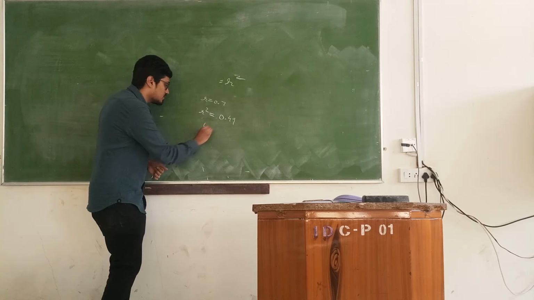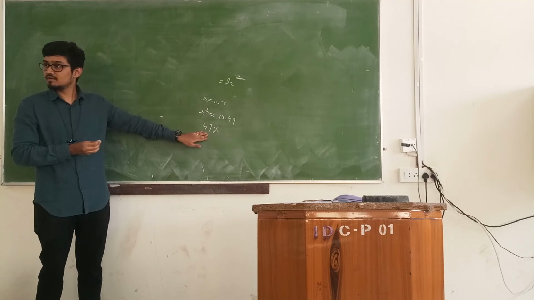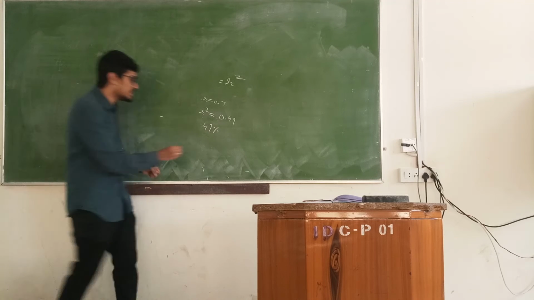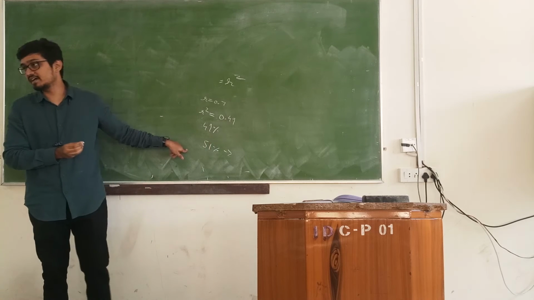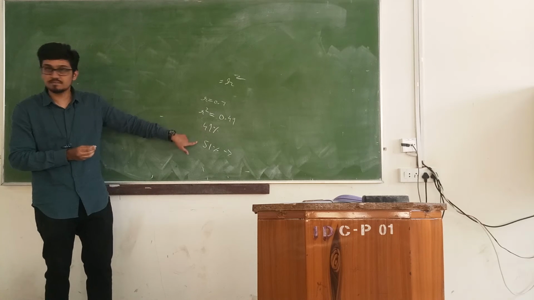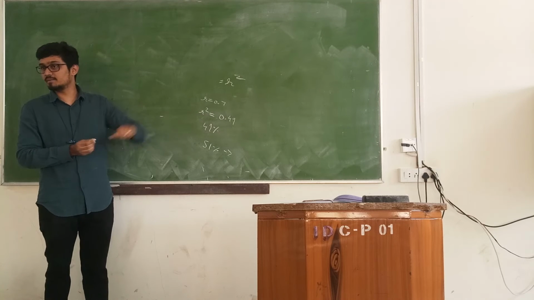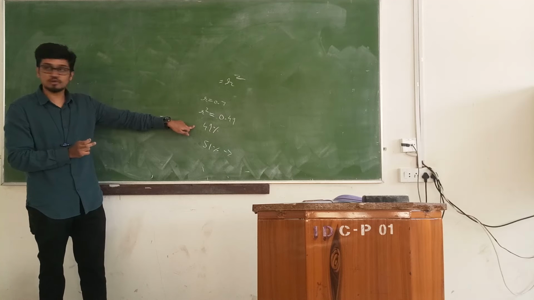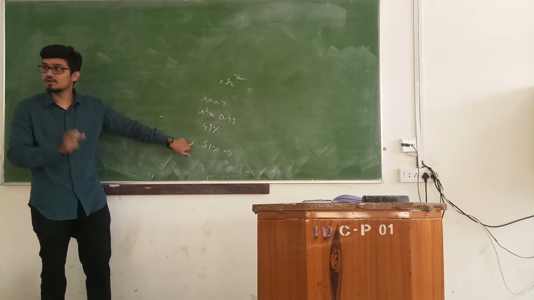That means 49% of my total variance, I have an explanation for why there was deviation. The remaining 51% is my unexplained variance. This is called the coefficient of non-determination, and this is the coefficient of determination.